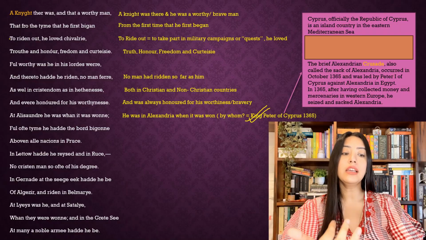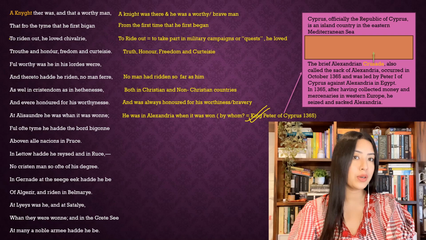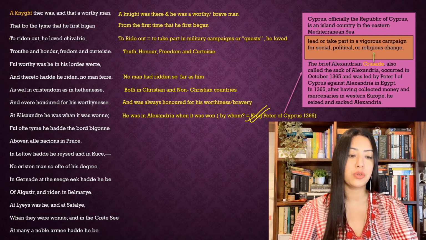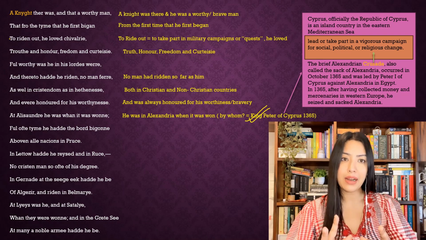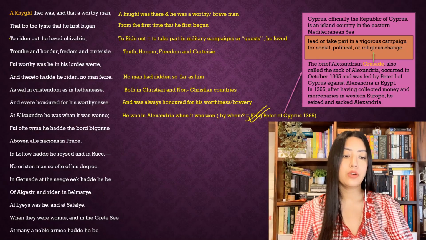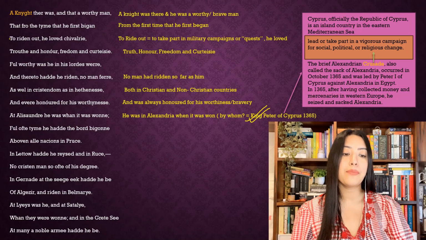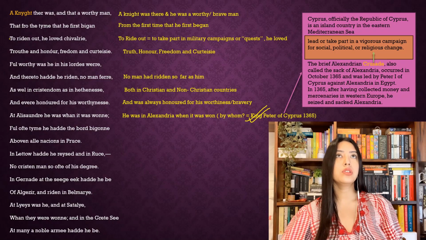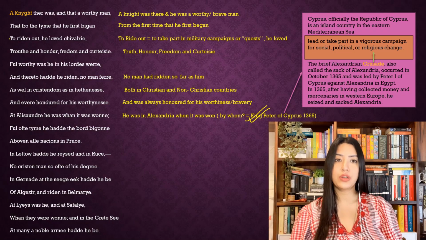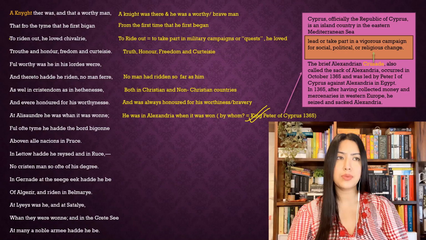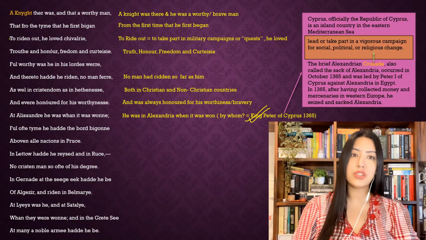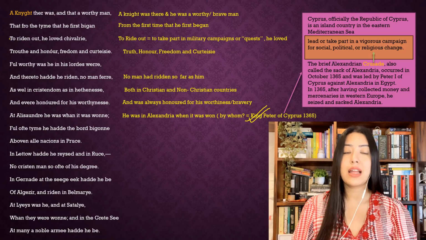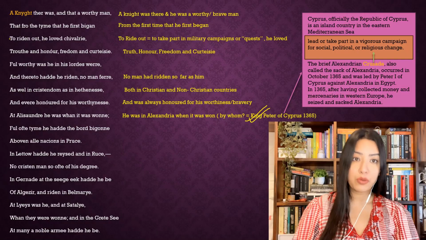So here it is a crusade. If you know what a crusade is, I'm going to explain it to you. It is to take part in or to lead a vigorous campaign for social, political or religious change. Now, very traditionally and often stereotypically, when we refer to the Crusades, we actually refer to this religious conquest. The Crusades, the 100 Years' War, which were fought in the name of religion.